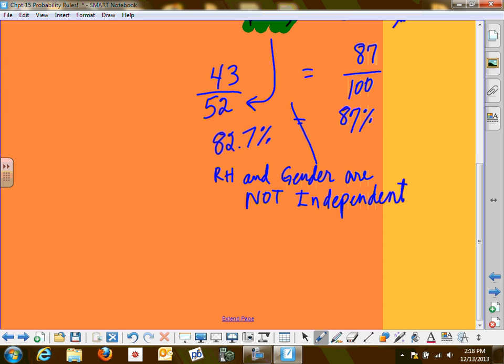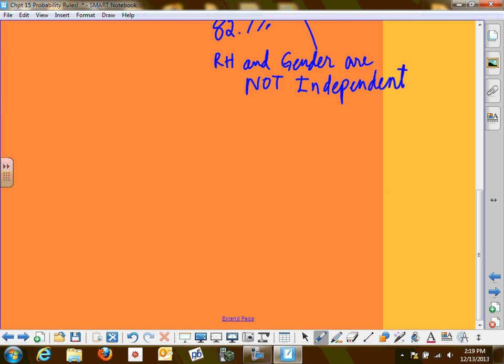You cannot say they are dependent, because that implies a direct relationship, and we can't say that's perfection for all situations. Dependent is a dirty word in statistics. Right-handed and gender are not independent.